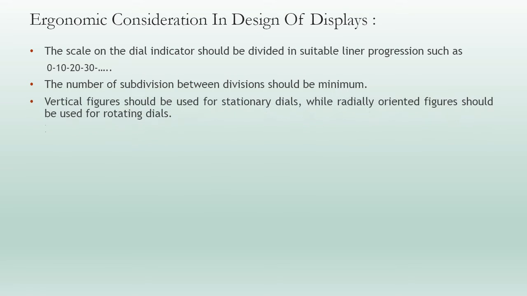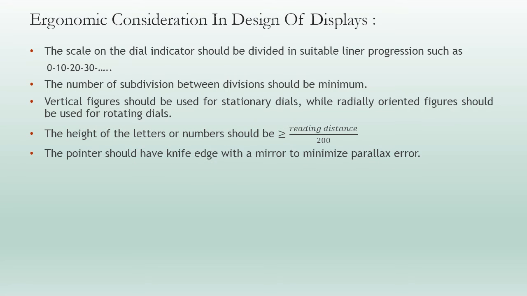Vertical figures should be used for stationary dials, while radially oriented figures should be used for rotating dials. The height of letters or numbers should be greater than or equal to reading distance divided by 200. The reading distance is nothing but the distance between the scale or display and the user. The pointer should have a knife edge with minimum parallax error.